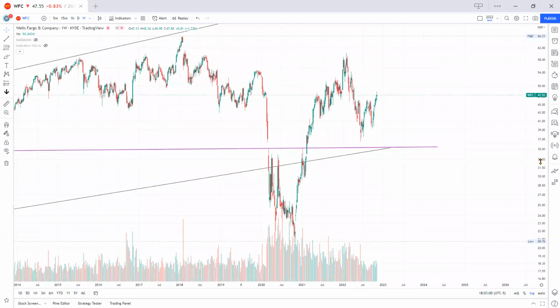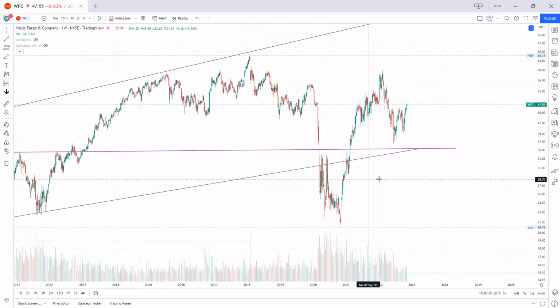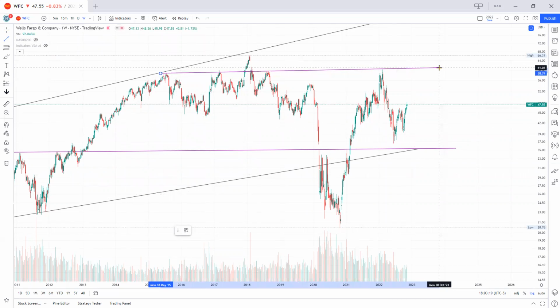All right, so now let's refine it a little bit. Trend lines don't have to be as long, but I'm going to keep it on the weekly just to help reinforce a very broad picture view of the trend line.